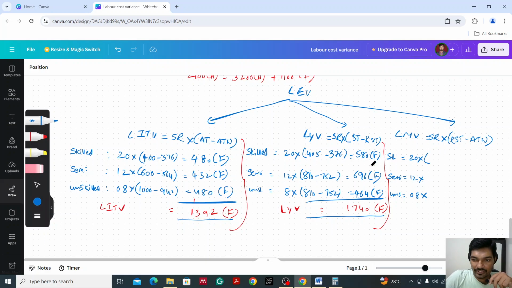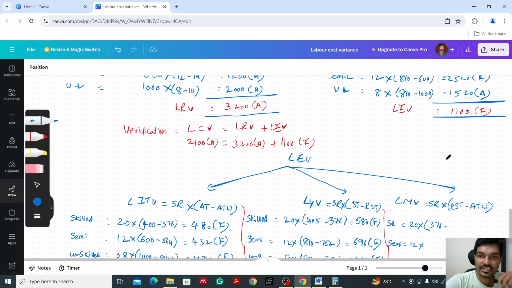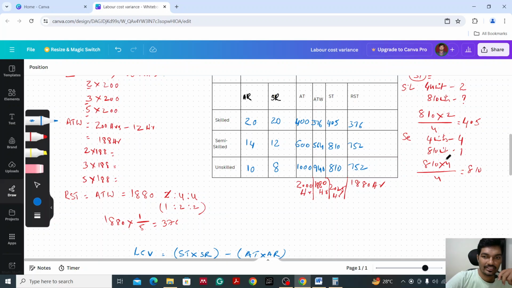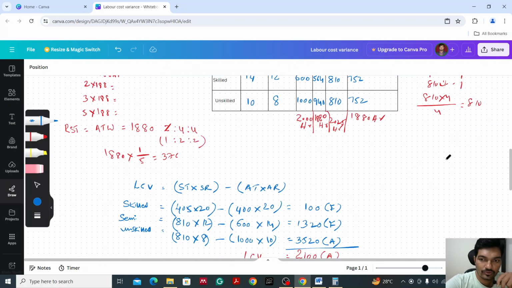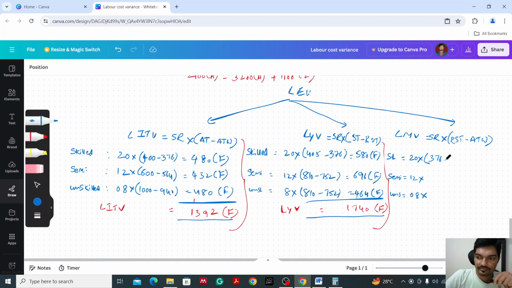Revised standard time here is 376, and actual time worked, ATW, is also 376. The result is nil, 0, because 376 minus 376 is 0. Anything multiplied with 20 into 0 gives 0.